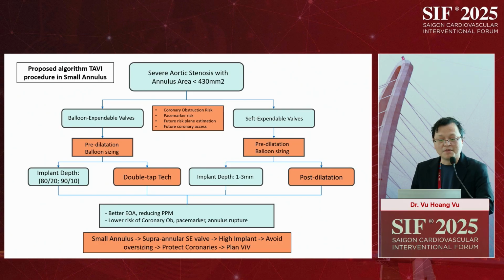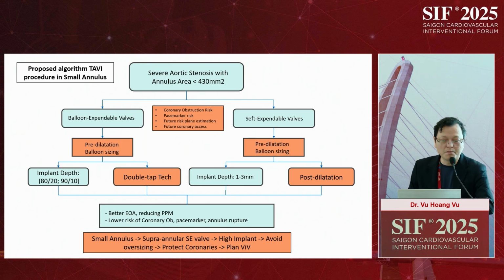If we have a patient with severe aortic stenosis with a small annulus, less than 430, and we choose a balloon-expandable valve, I prefer pre-dilatation in all cases, not oversizing, but just showing the balloon. We get a lot of information from balloon pre-dilatation when we do the balloon-expandable valve, because we can see the valve, paravalvular leak, coronary obstruction and so on, a lot of information before we implant the valve.